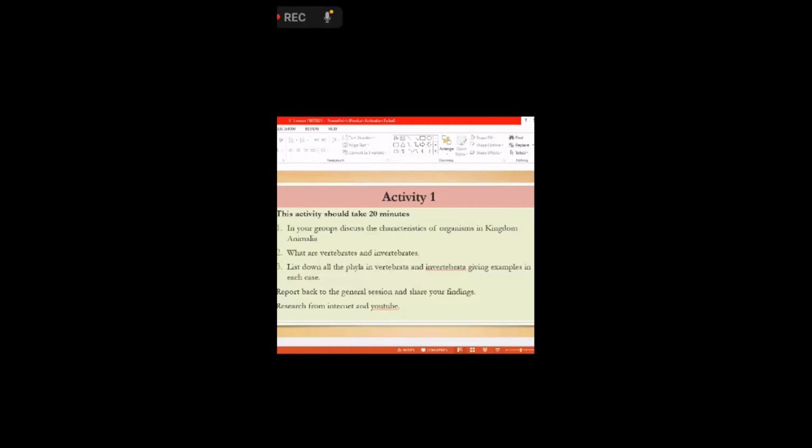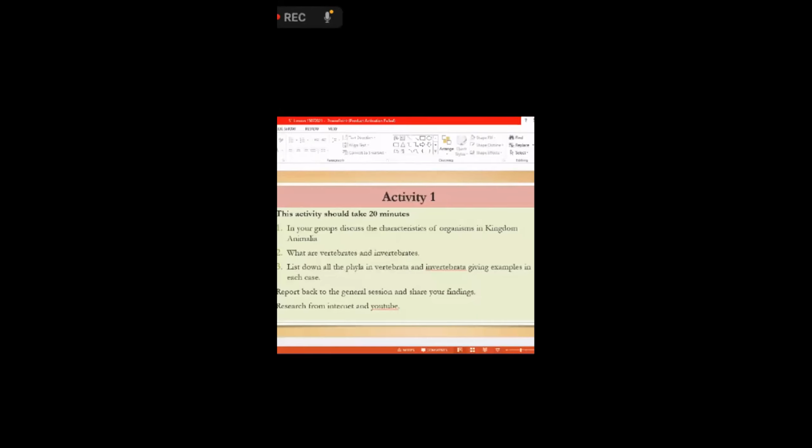Okay, can we go to listing down the phyla in Vertebrata and Invertebrata, and in each case, we give examples of organisms. Let us start with the phyla of the invertebrates. I'm picking people at random. Angel, can you give us one phylum and an example? Porifera, which is the sponges.